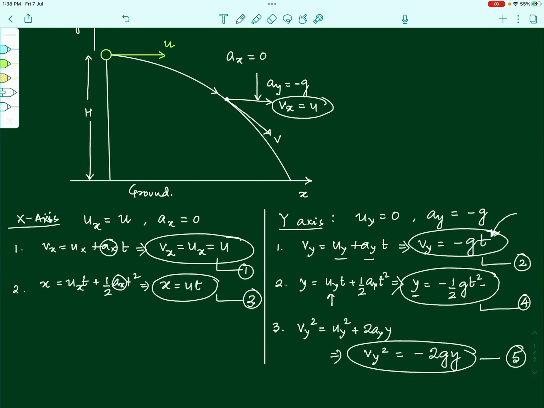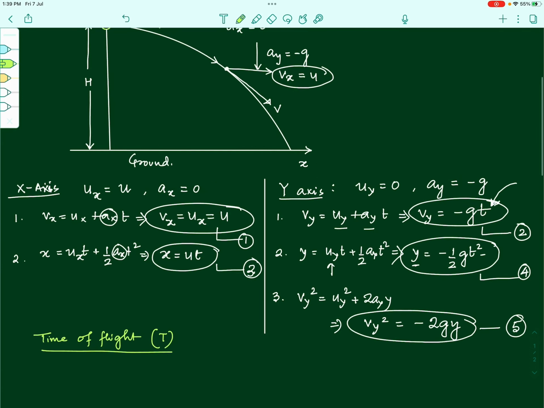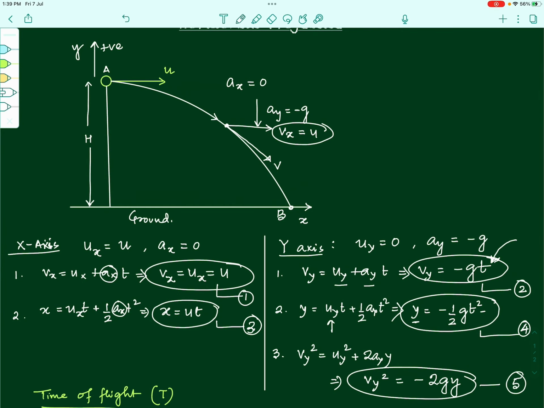So the first thing that we can now try to find out here would be the same as we got for a normal projectile, that's time of flight. That's the total time that the projectile stays in air for, right? The time that it takes to fall from the starting position, let's call it A, to the final position on the ground B. What condition can we use to find out the time that this projectile takes to reach the ground?